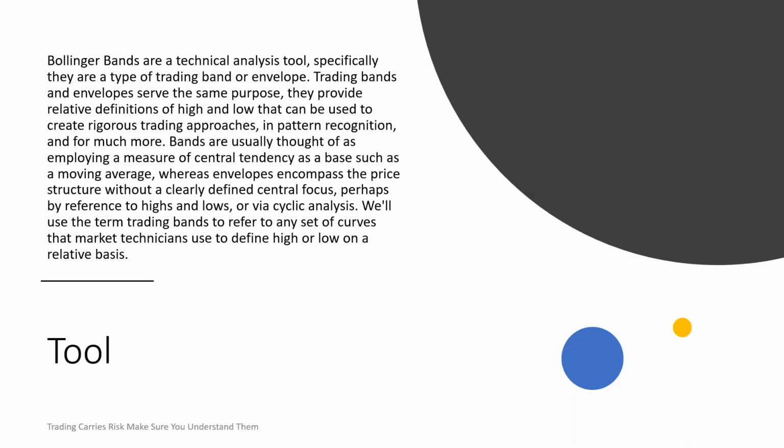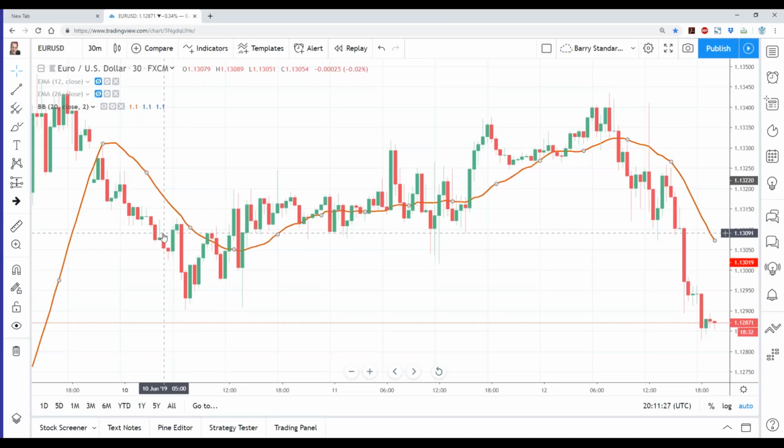So let's go over and look at Bollinger Bands on a live chart, because we've talked about what these are, but you want to see them. Bollinger Bands is one of the few indicators that's actually dropped over top of price. Now, Bollinger Band starts out with a 20-period moving average.